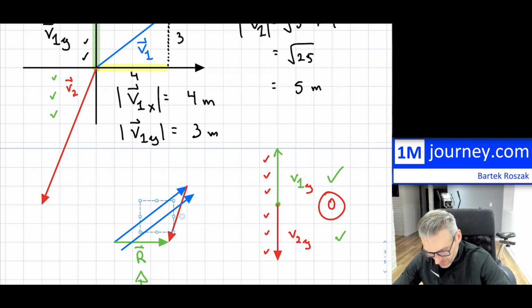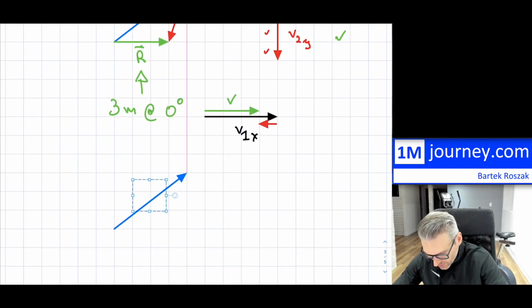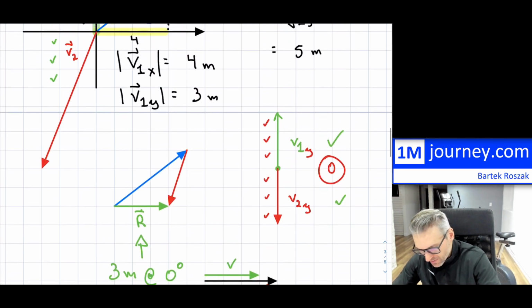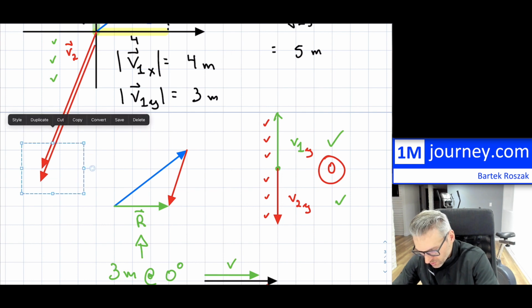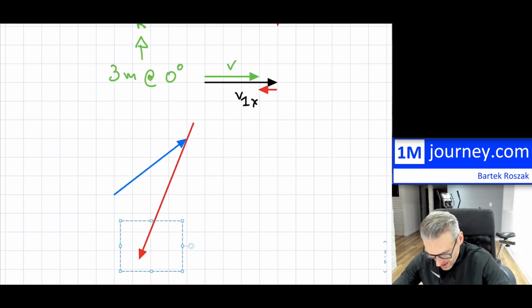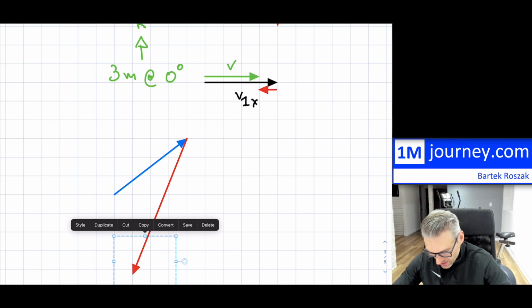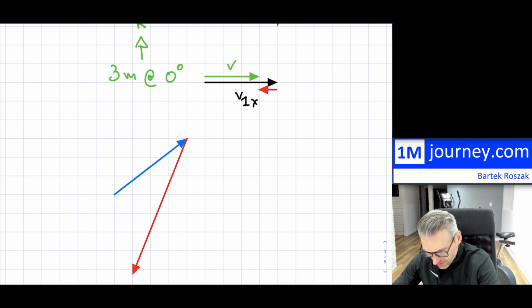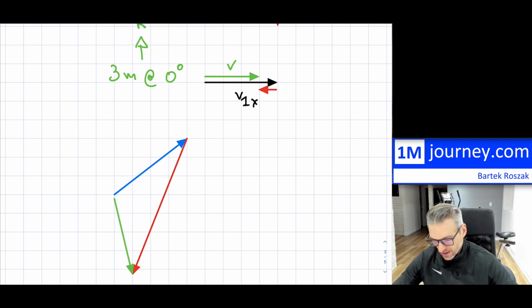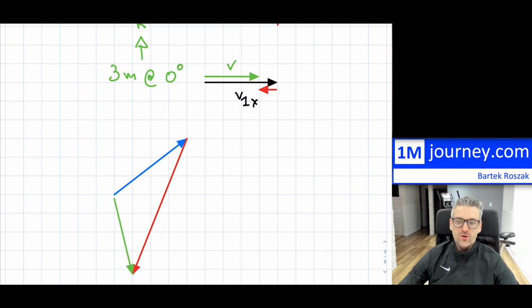So this is my V1, here's my first, and then here's my second one. I'm going to duplicate that and bring it down. Notice that now here is my resultant, heading in this direction. And clearly, that is no longer horizontal.